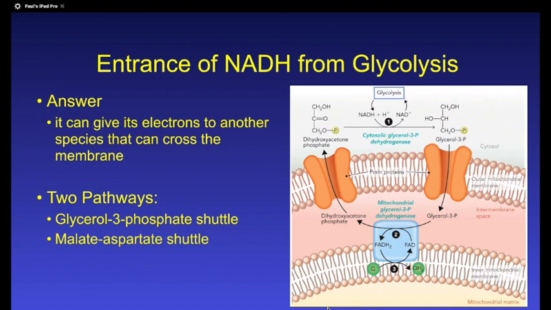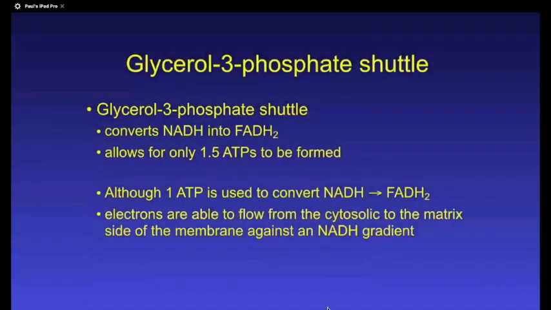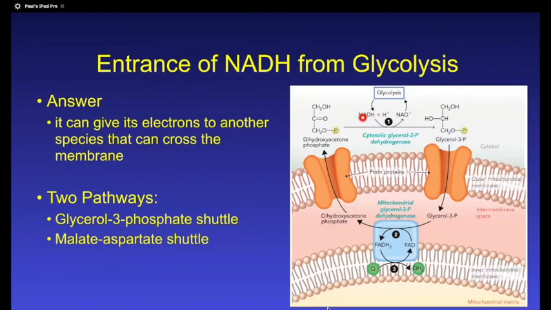Normally, the NADH inside the matrix goes to complex 1, pumps out 4 protons. I can use those protons to make an ATP, right? Here, the NADH up here, that's in the cytosol, if it goes through this pathway, I get electrons in, but I don't get all the protons pumped. Okay?